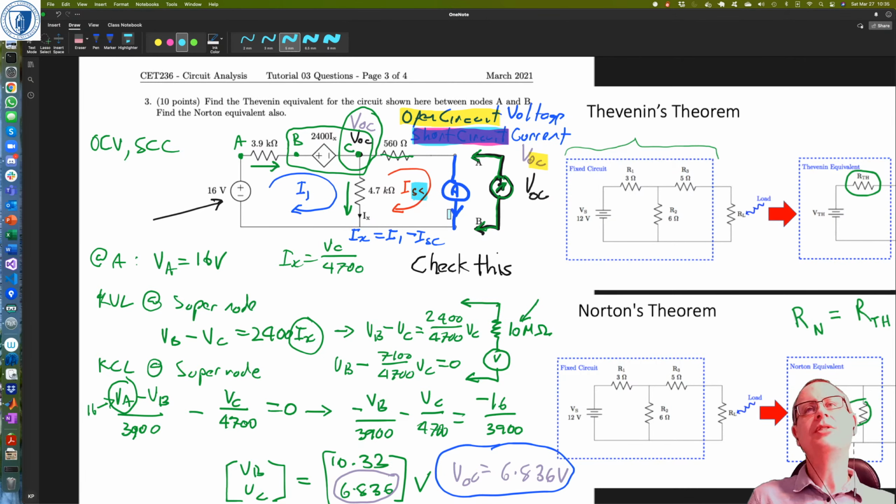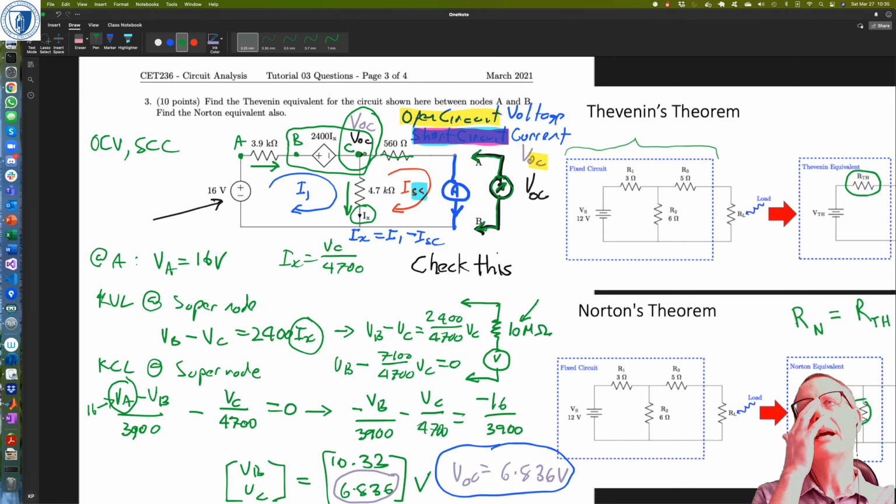So then the question about how do you get IX? Well, IX is the current flowing down here, as we drew. There's IX there. And because of the way I drew I1 going that direction, that's in the same direction as IX. And ISC is going in the opposite direction.